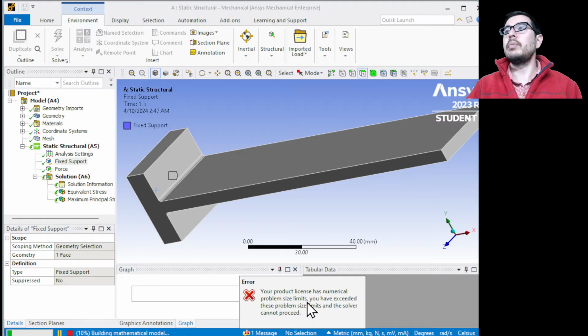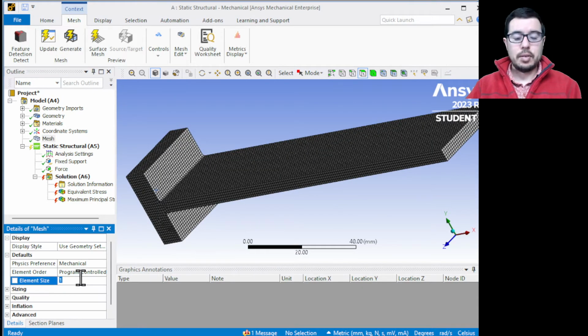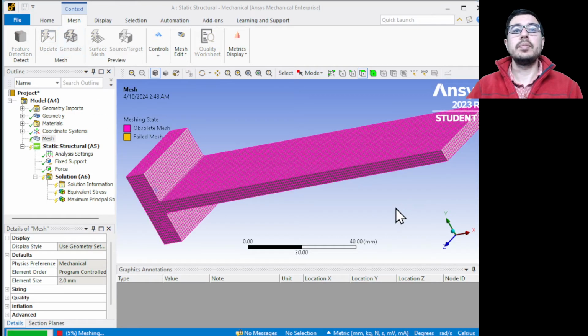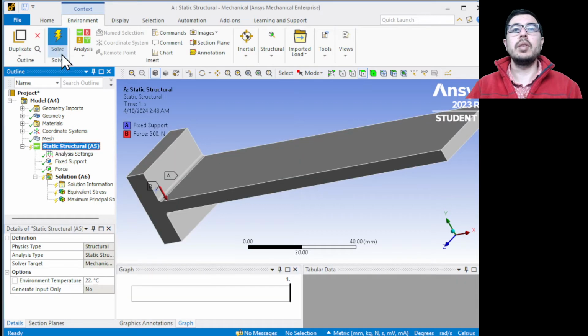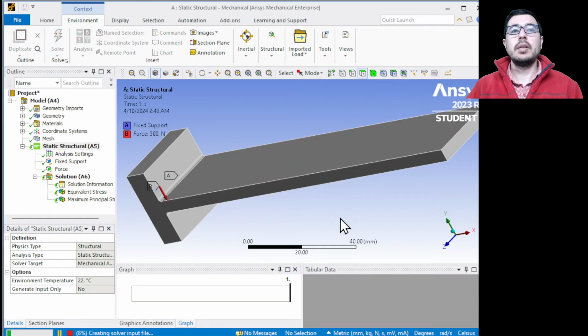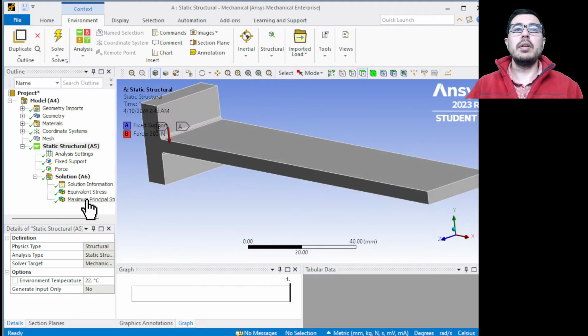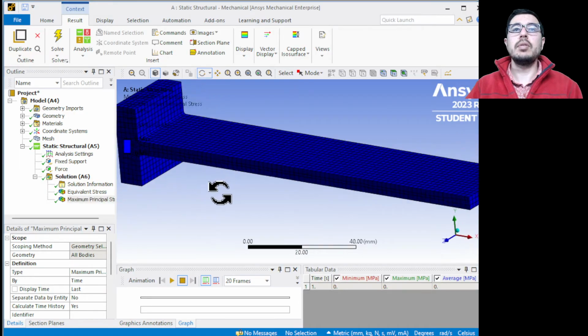Okay, so I hit my limit on nodes. Too bad. So let's do 2. And let's now go to solve. Okay, and if we click on the maximum principal stress, oh, we get all zeros.